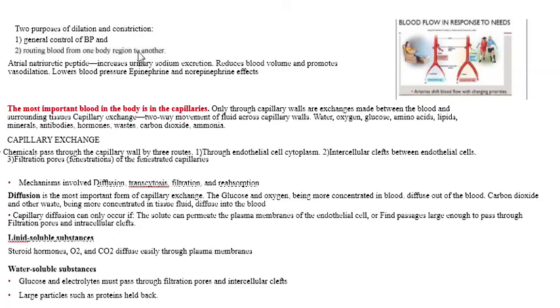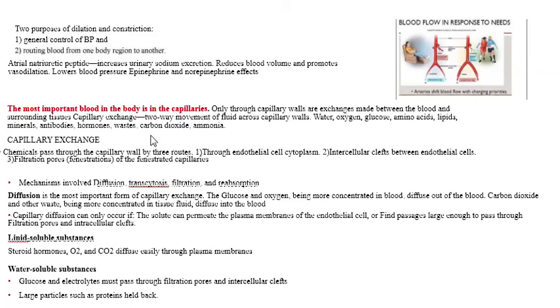The most important blood in the body is in the capillaries. The capillaries are the site for tissue nutrition and the exchange area for oxygen and CO2. So through the capillary wall, exchange is made between them, and you already know about this.